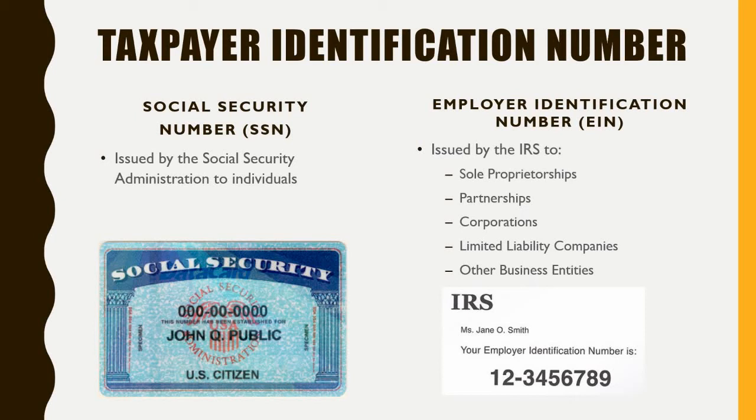Now, let me tell you the difference between a social security number versus an employer identification number. A social security number, right? We all know this. It's a way that identifies us as a person, right? Now, in this case, the social security number comes from the Social Security Administration.